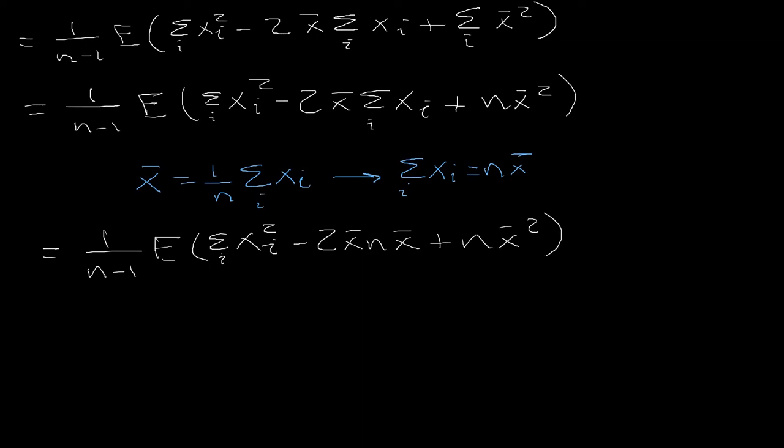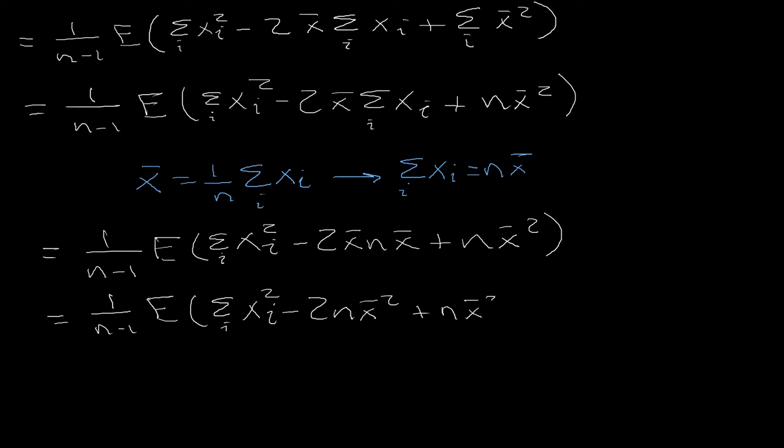Of course here we have x bar multiplying x bar, so we can simplify to n x bar squared plus n x bar squared.